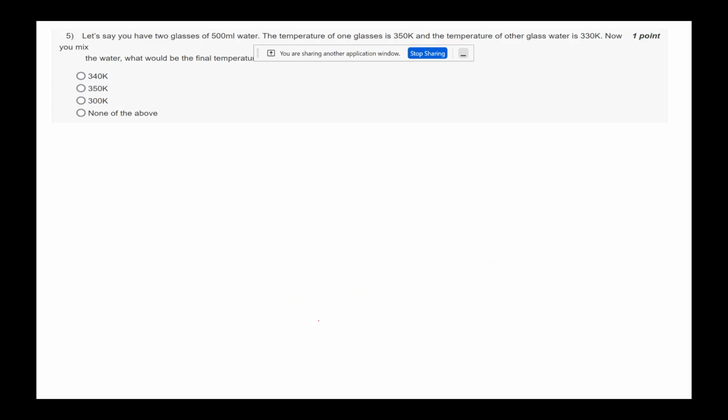Okay, the last problem. Let's say you have two glasses of 5 ml water. The temperature of one glass is 350 Kelvin and the temperature of the other glass of water is 330 Kelvin. Now you mix the water, what would be the final temperature? So what would be the simple answer? Yeah, 340.